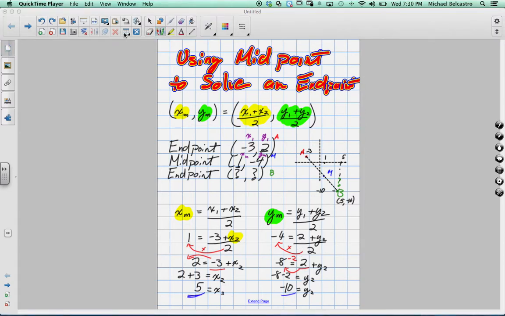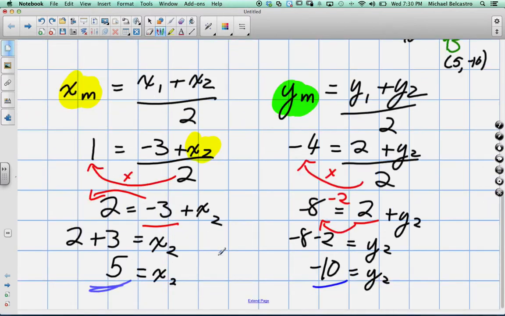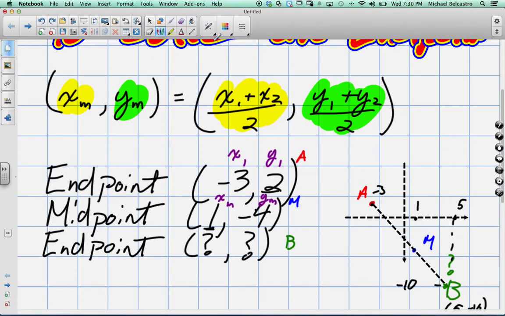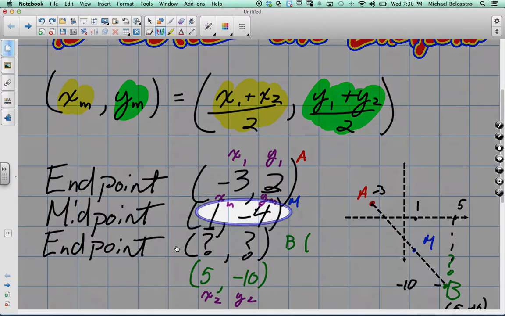Say I wanted to check. Because this is my new coordinate, I'm going to write that beside my B here. I'm going to show you how we would check. We said it was 5 and -10. This would be our x2 and our y2, which means we can plug these into our midpoint formula, and we should end up with this part as our midpoint.